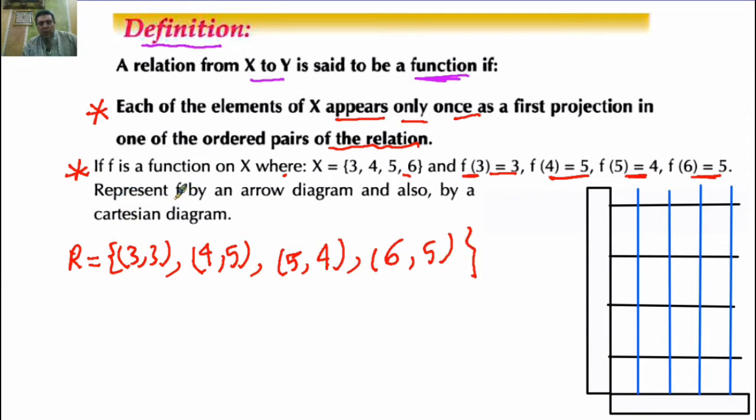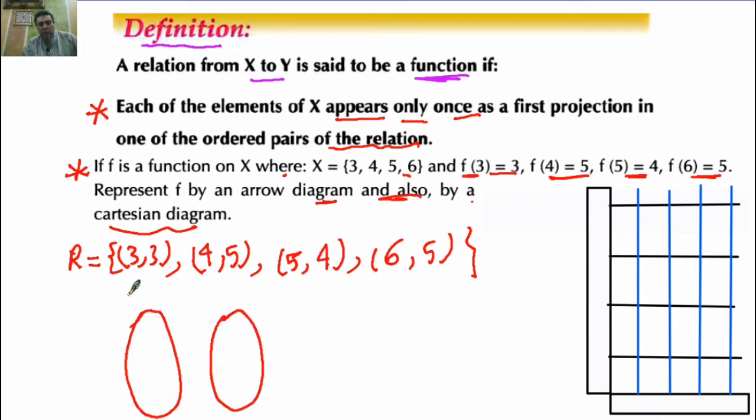Represent the function by arrow diagram and also by Cartesian diagram. Arrow diagram, as we mentioned, uses two Venn diagrams, the first is x, the second is y. In this relation on x, x equals y, the two sets are equal.